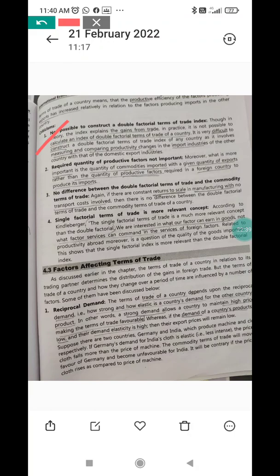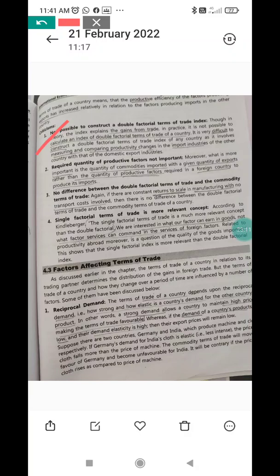Okay? See, this index explains the gain from trade, but it is not possible to calculate the index of a double factorial terms of trade of a country. It is very difficult to construct a double factorial terms of trade index of a country as it involves, what does it involve? Measuring and comparing productivity changes in the import industry of the other country with the domestic export industry.